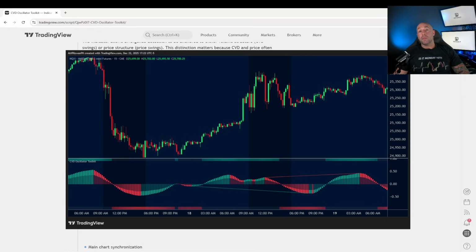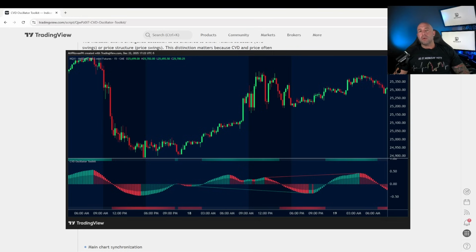So, how do you interpret divergences? Divergences can indicate that momentum may be weakening, control between buyers and sellers may be shifting, or that the risk-reward profile of the current move is changing. Divergences provide insight into underlying volume behavior, but do not replace confirmation from price.